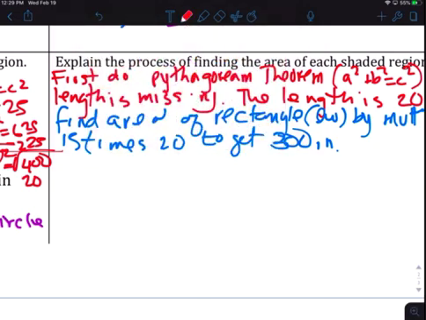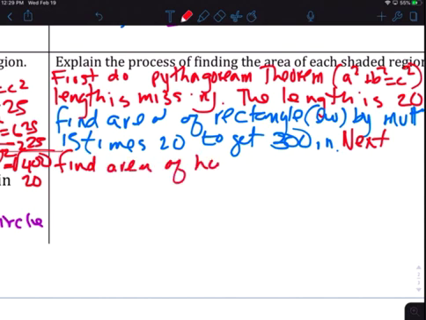Next, find area of half a circle. It's pi r squared divided by 2 because it's half, right?